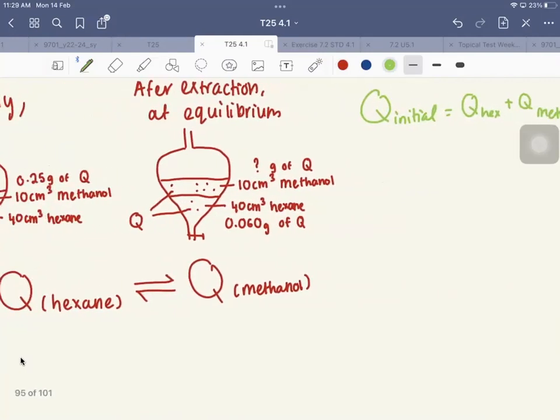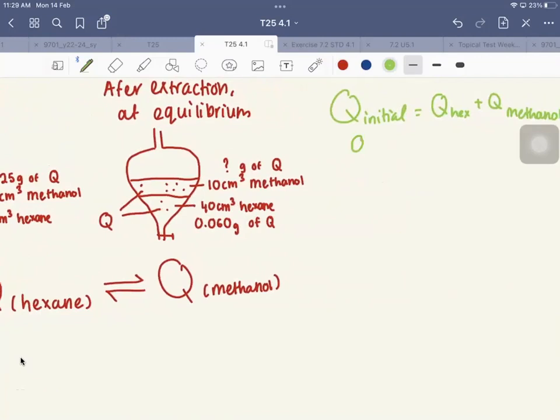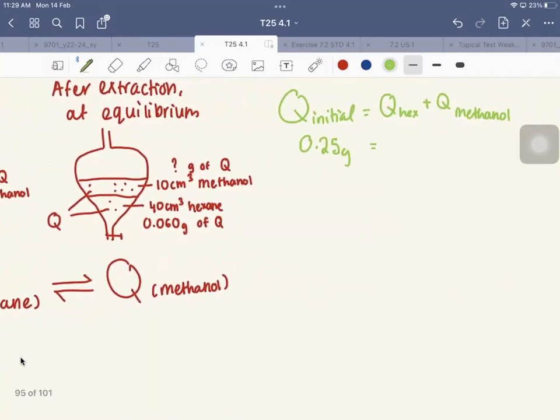So initially you start with 0.25 grams of Q, and then at equilibrium, after the process of extraction or mixing, you've got 0.060 grams in hexane. Therefore, you have to find the mass of Q in methanol. Okay, so can you please do that for me while I find my calculator?